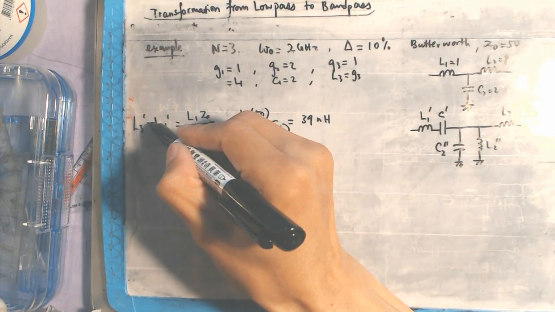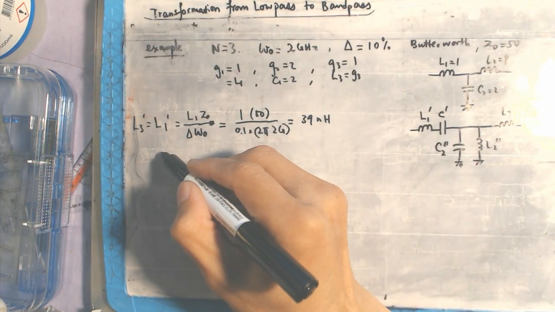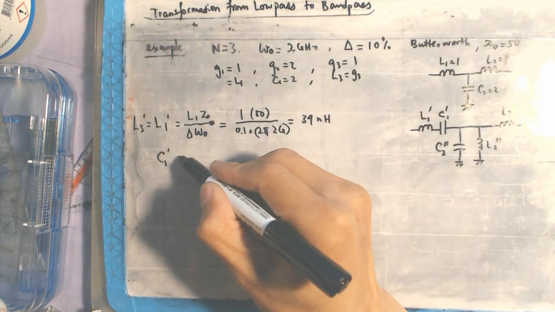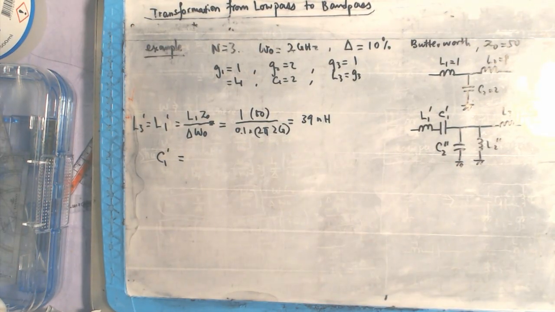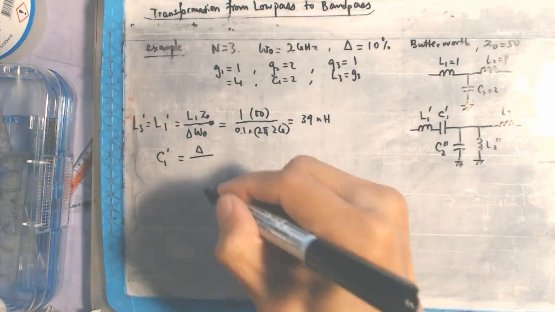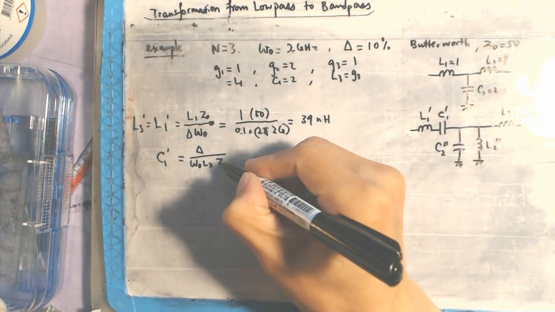And then we are going to calculate C1. C1 according to the formula is delta divided by omega naught L1, and you also need to denormalize it.